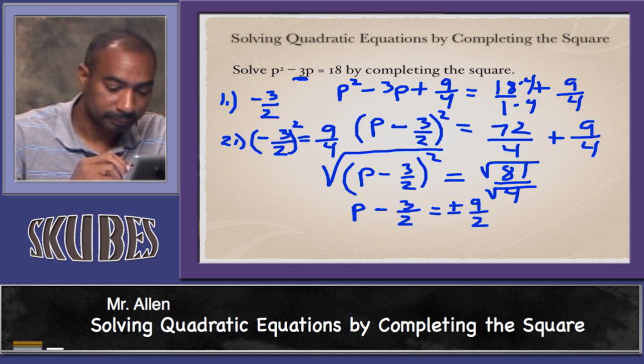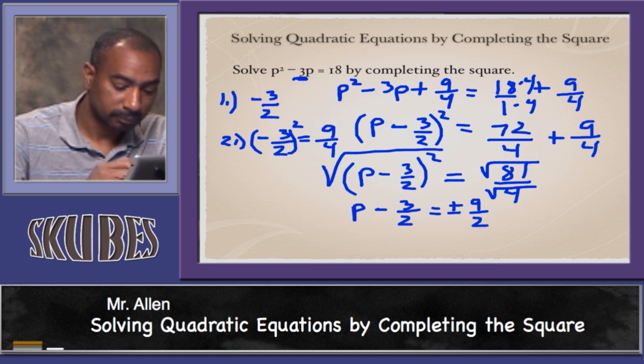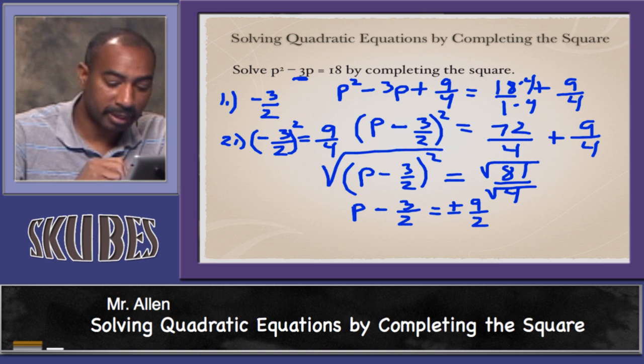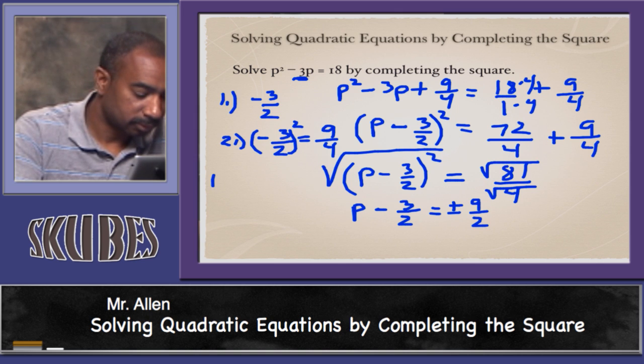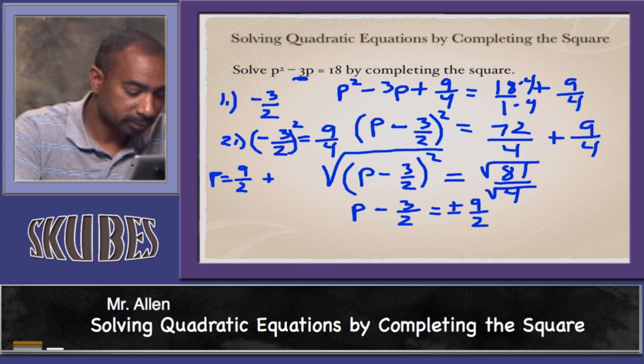All right, so what we're going to do is add 3/2 to both sides. So p is going to equal 9/2 plus 3/2.